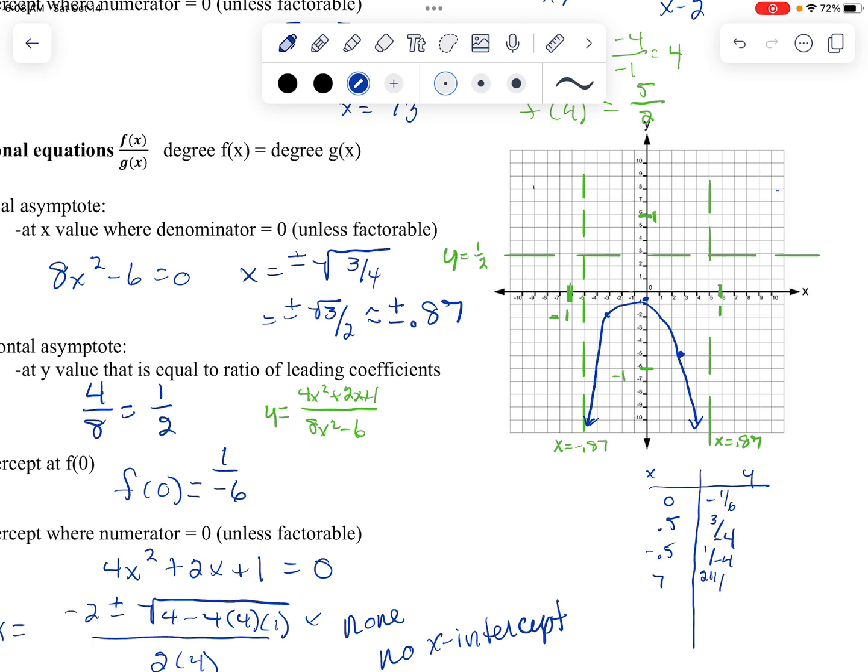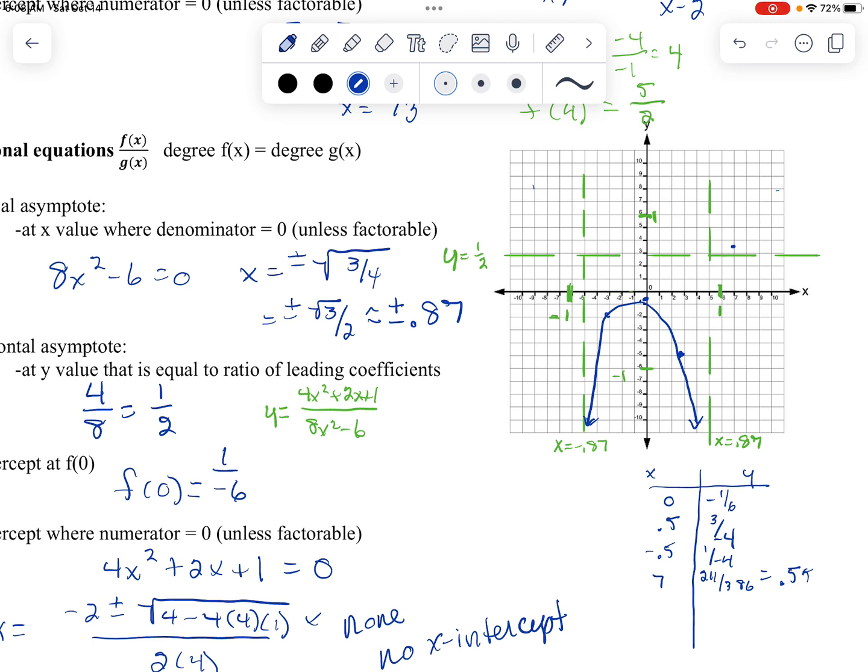And in the denominator, 8 times 49 minus 6, which is 386. 211 divided by 386 gives us about 0.55. So 7 is about right there.